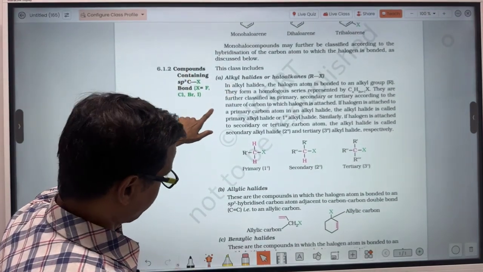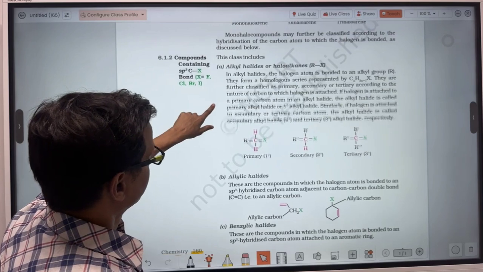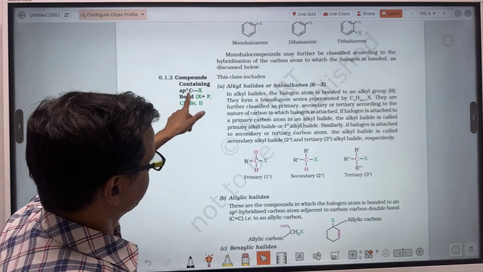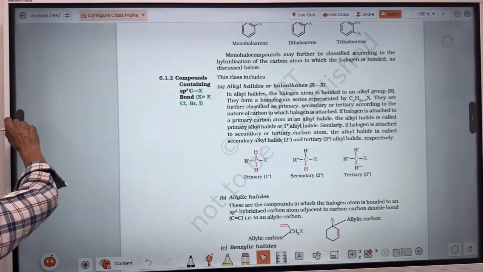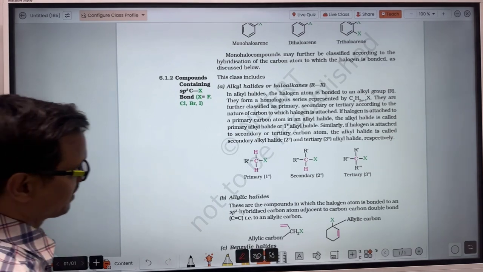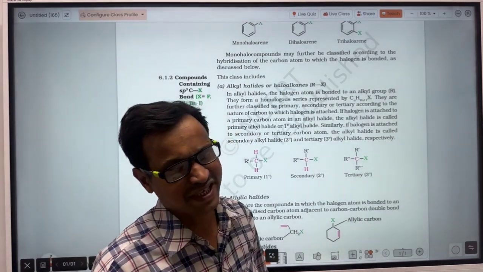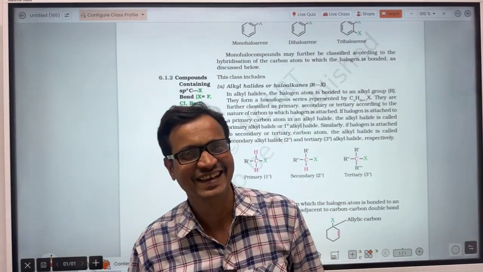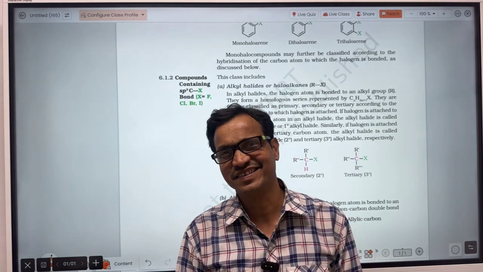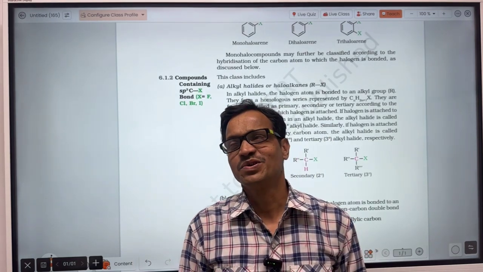Now, compounds containing an sp3 C-X bond. That means the compound in which the halogen atom is bonded to a carbon atom whose hybridization is sp3. So firstly, how to predict the hybridization?